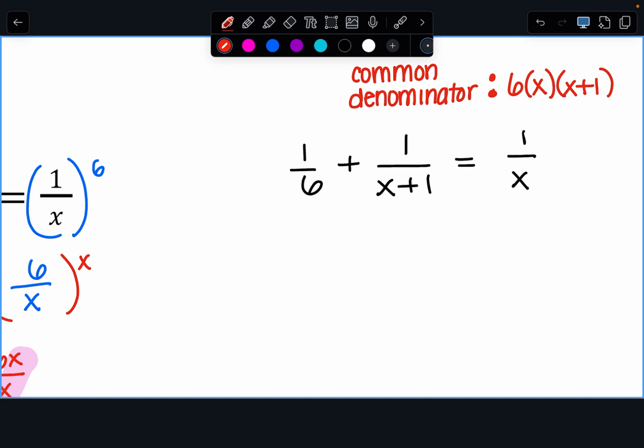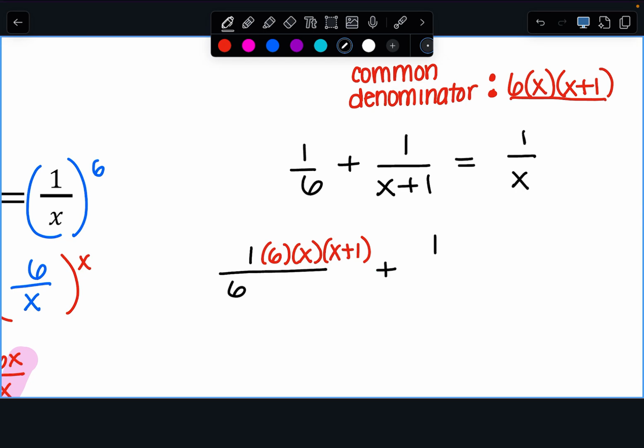So what I could do is multiply this to every numerator right away. So I'm just rewriting it and leaving space so I can put the 6, the x, and the x plus 1.